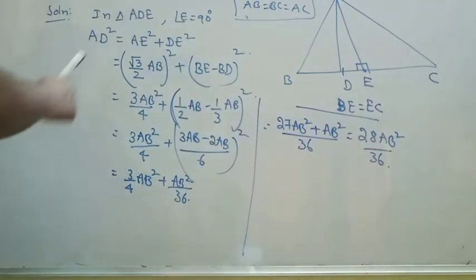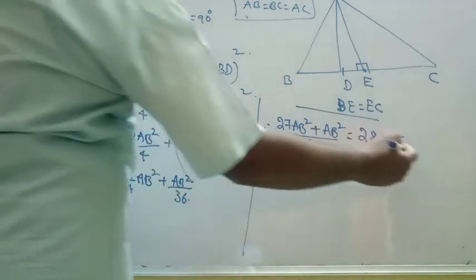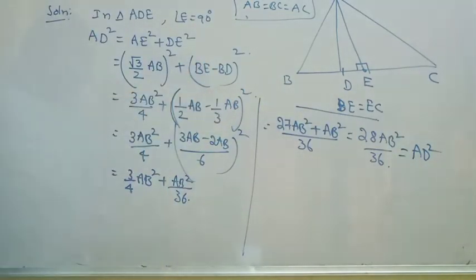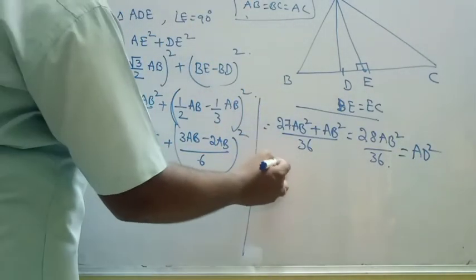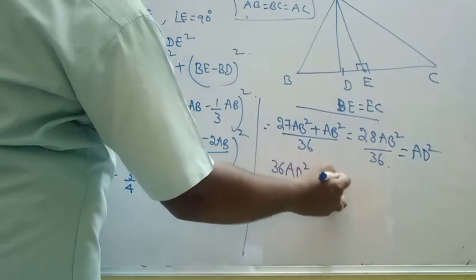Right, my dear students? Actually, we have taken AD square, so this is equal to AD square. That means we have got 36 AD square equal to 28 AB square.